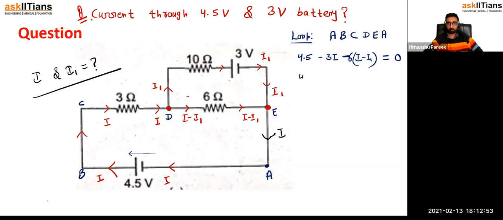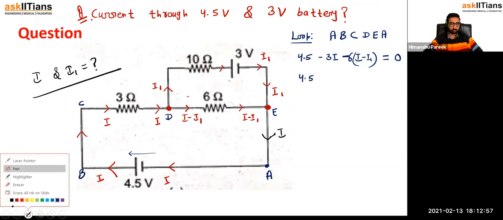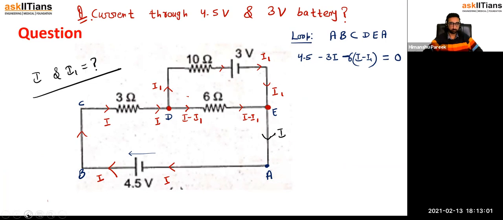So let us simplify this equation, 4.5, or let us make it even more simple. I can write it as 9 by 2 minus 3I minus 6I plus 6I1 equal to 0.